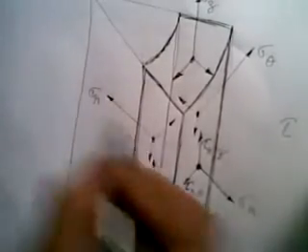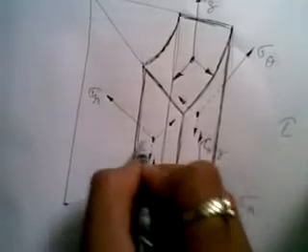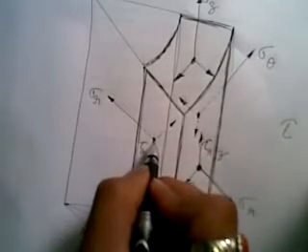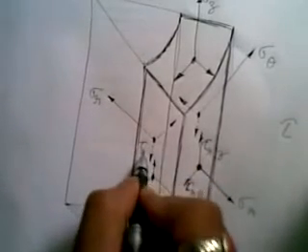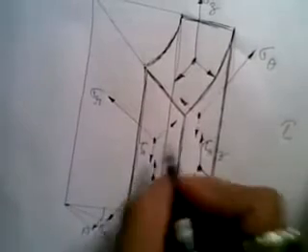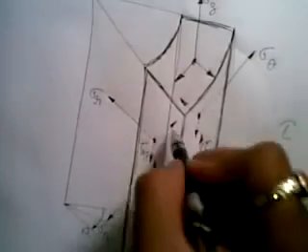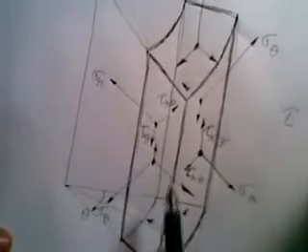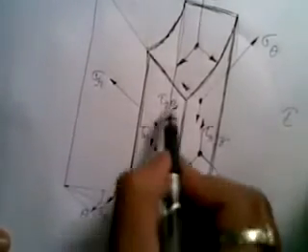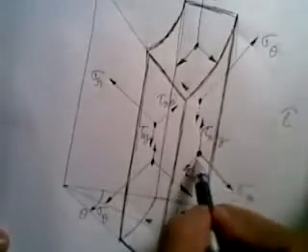Sigma r is positive here, and so this should be tau r. Normal stress at this point is along the radial direction, so we'll write down r, and this is along the negative z, tau r z, and this is tau r theta. Okay, now just see here, tau r theta and tau r theta are equal and opposite. Tau r z and tau r z are equal and opposite on the opposite faces.